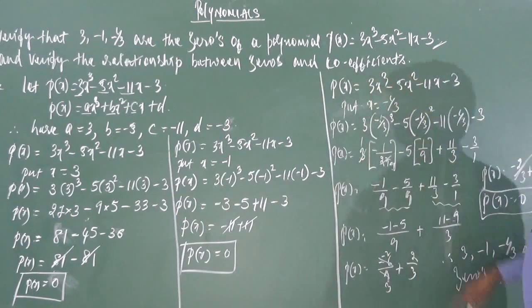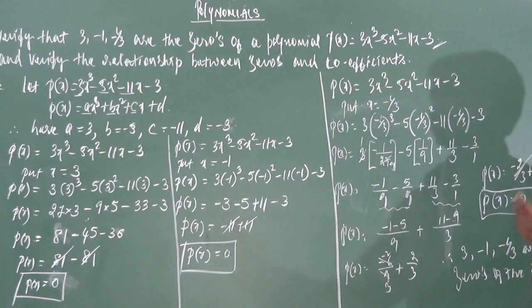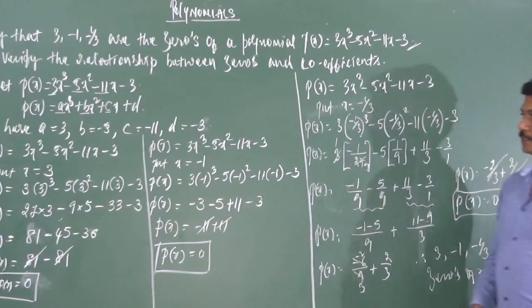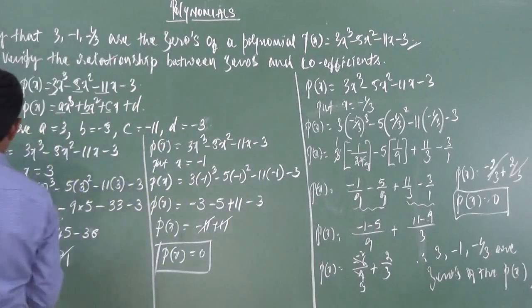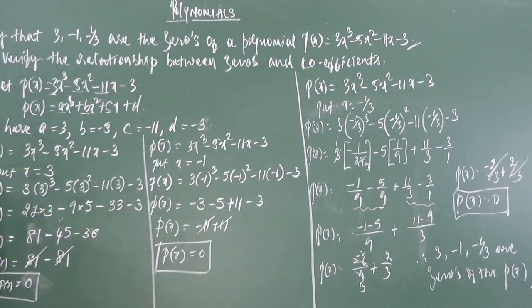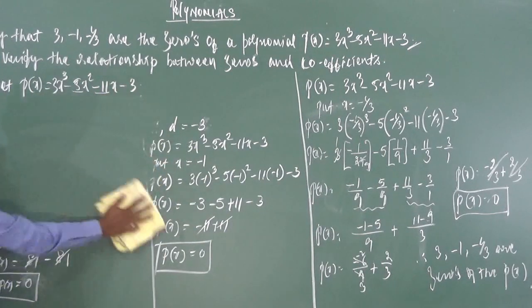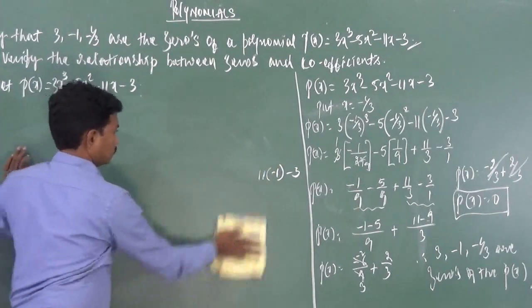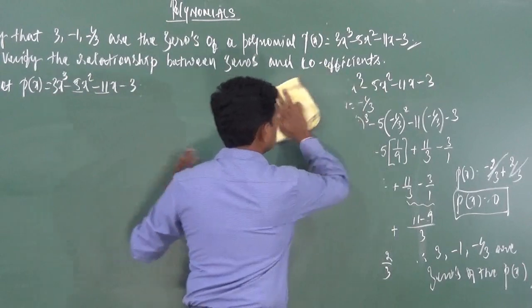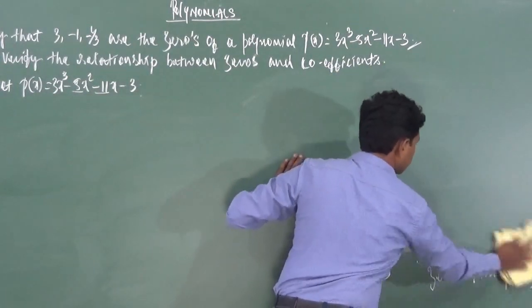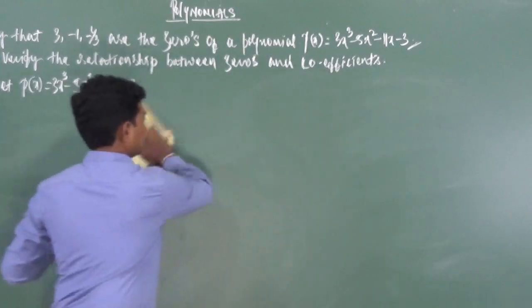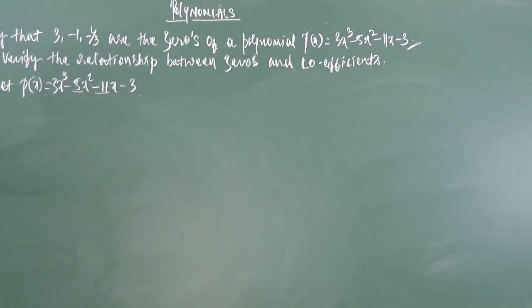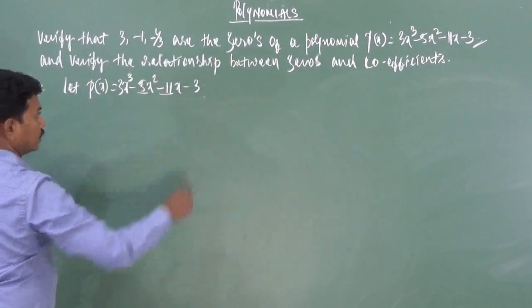So second part of the question is verify the relation between the zeros and coefficients. So we have to verify that. That's again the second part of the problem, right? Now, verify the relation between the zeros and the coefficients.